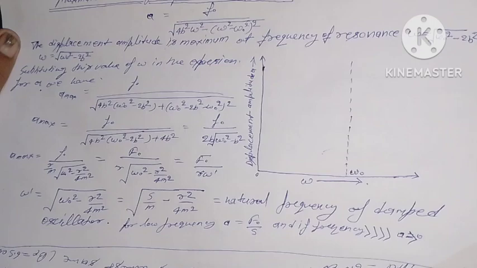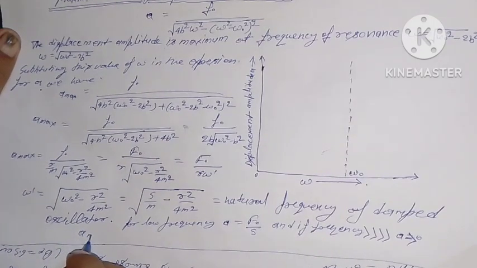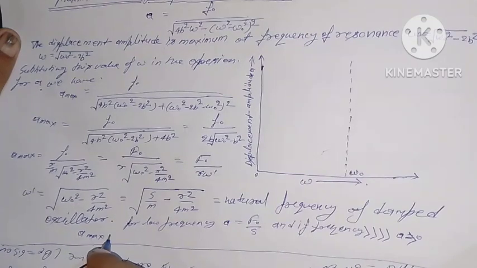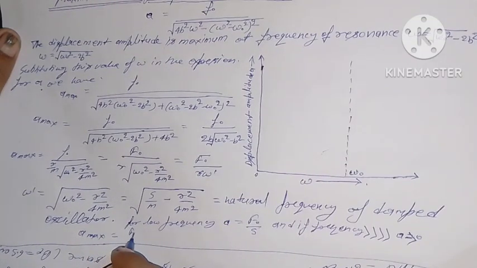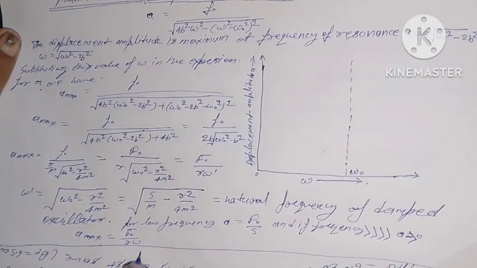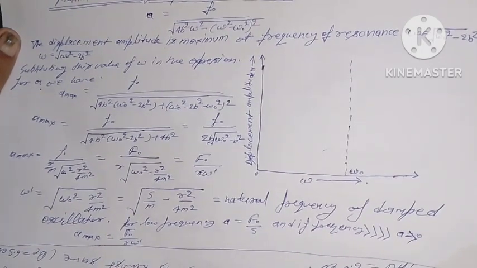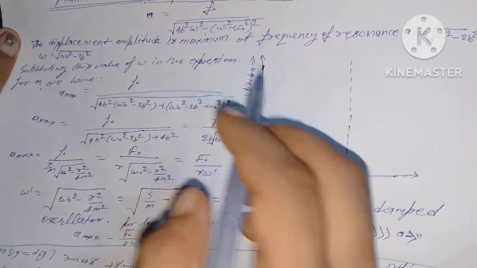The maximum value of displacement amplitude A max equals F naught by R omega dash. Thus, the higher the damping, the smaller is the amplitude at resonance, as shown in the figure.